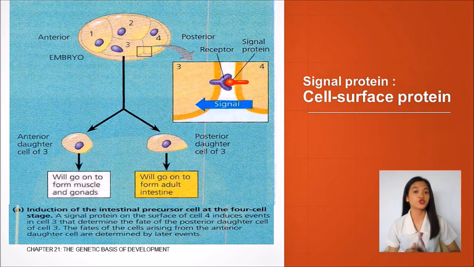This interaction triggers events inside cell 3 that result in one end of the cell, the posterior end, and the other becoming different. So when cell 3 divides, the posterior end will eventually go on to make the intestine, while the anterior end will make a different cell type.